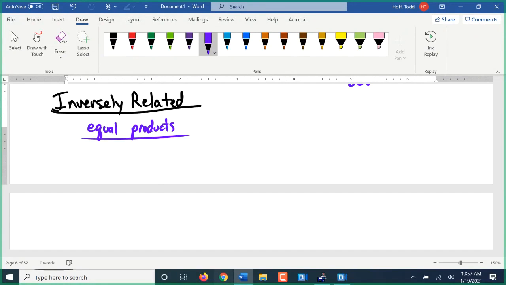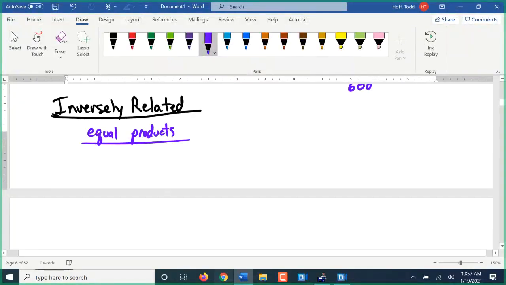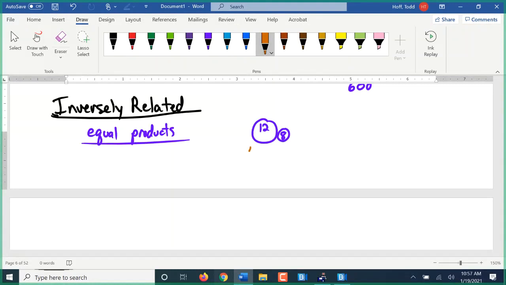So if I look back at that gear ratio example, I had 12 teeth meshing with 8 teeth, and I had 400 RPM, X RPM. From one gear to another, the product of the teeth times the RPM has to be equal.